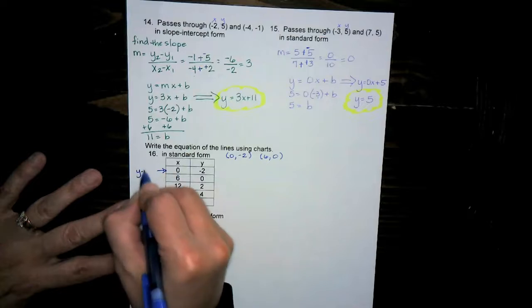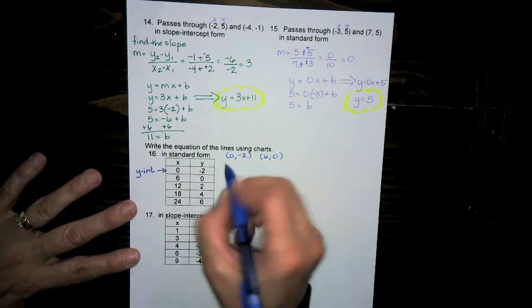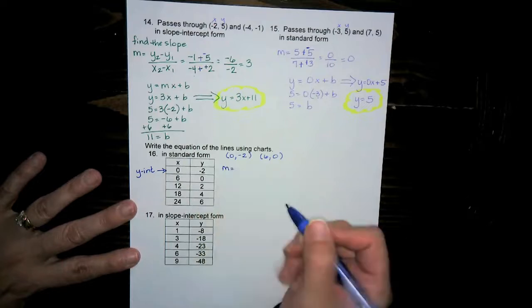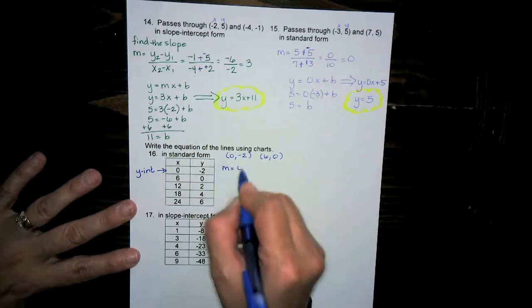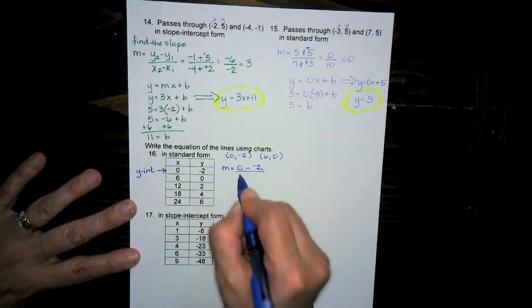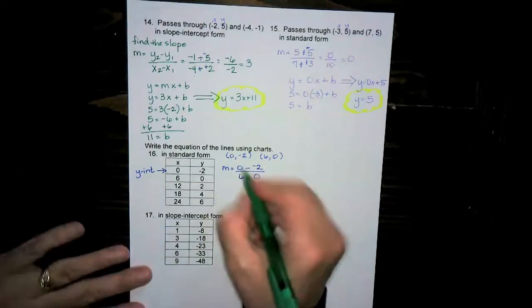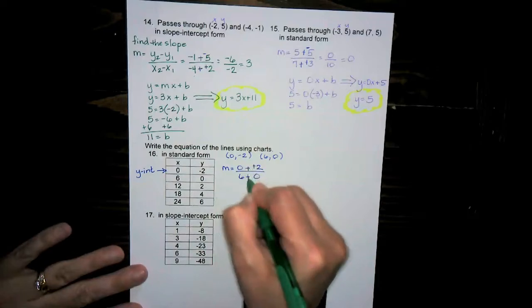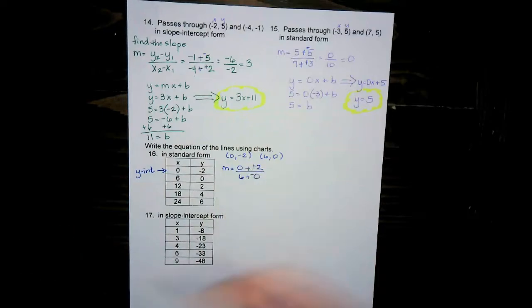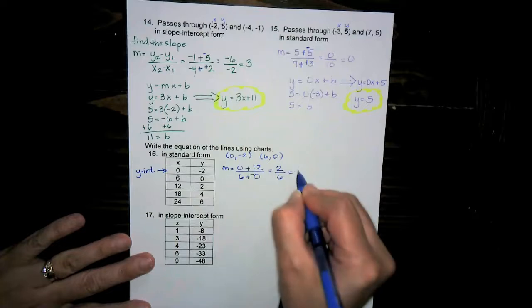That means this is the y-intercept, okay? So we still need our slope first. We'll do our y2 minus our y1 over our x2 minus x1. Change our signs just like we've done before. And on top, I get 2 over 6, which would be 1/3.